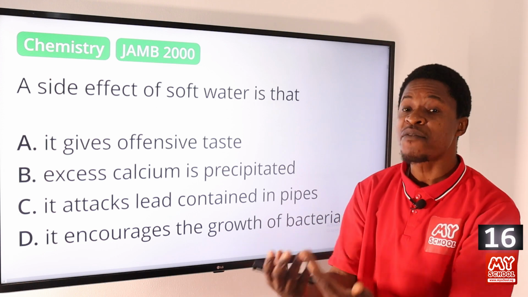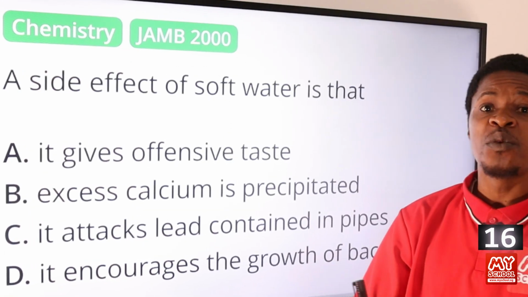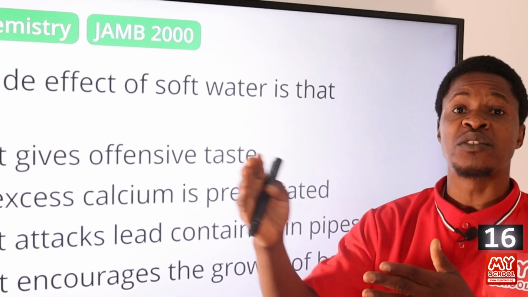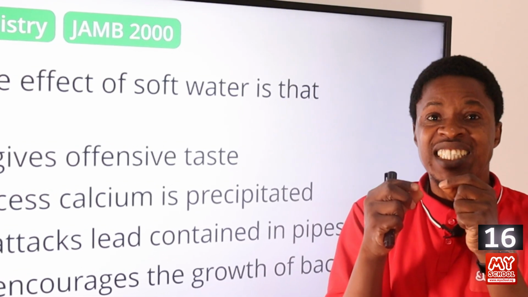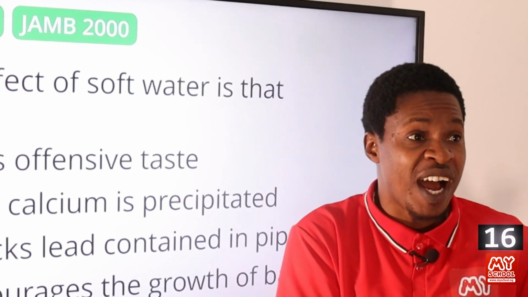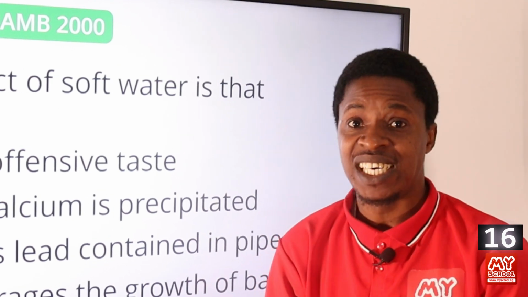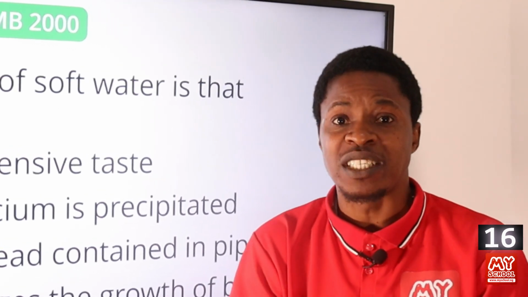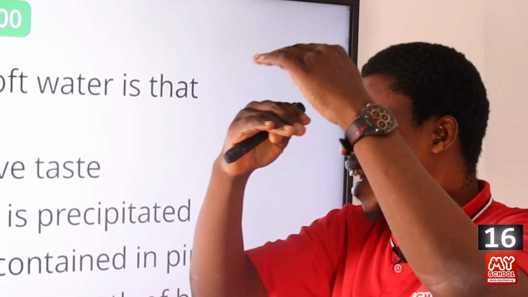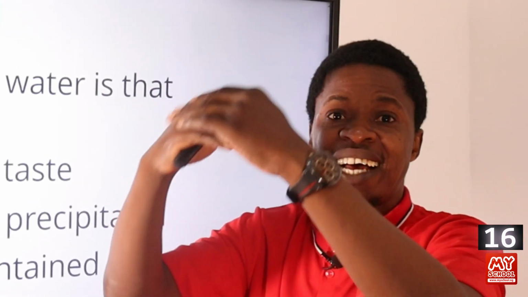So if you have soft water flowing through a lead pipe, because the pipe is made up of lead, there's a level of reactivity, so it will react with the lead in the pipe and drag it along, and begins to form layers in the pipe that is made up of the lead substance.